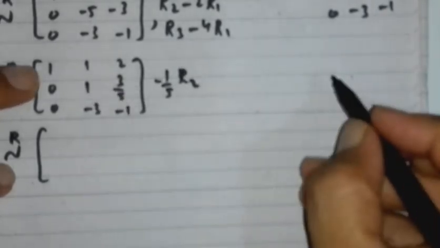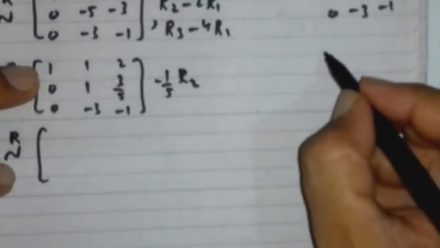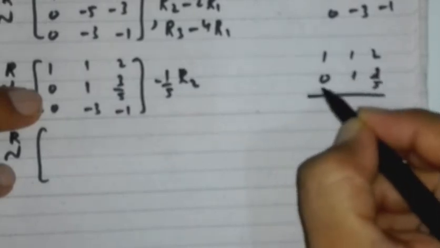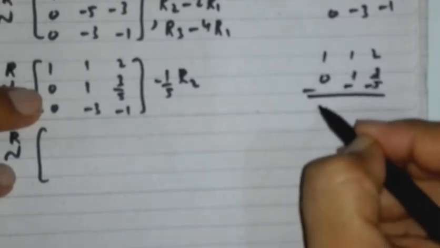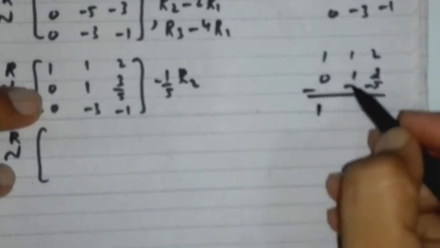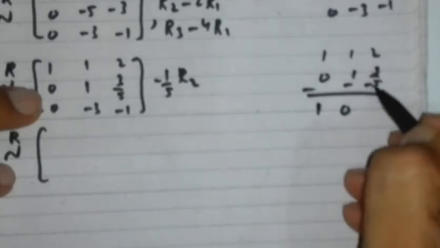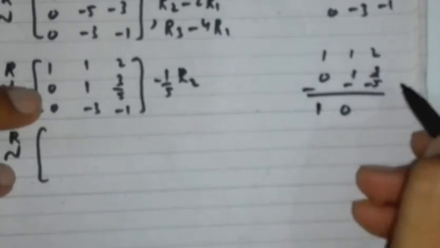So look right here, it is 1, 1, 2, and subtract 0, 1, 3 by 5. Change the sign. Here we get 1 minus 0, 1. Here 1 minus 1, we get 0, and 2 minus 3 over 5.